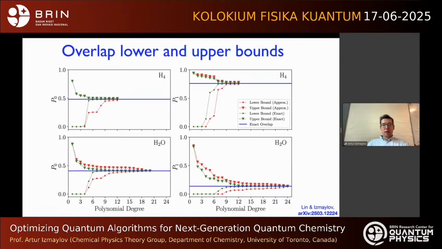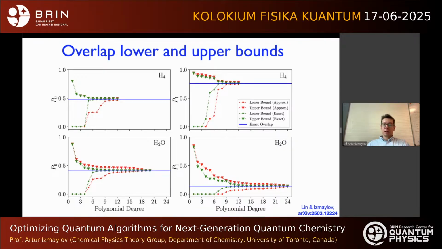Now, these are some results on lower and upper bounds for small molecules, but they are actually quite hard. Here, on the left, the y-axis is always overlap. The blue lines are the exact overlap.